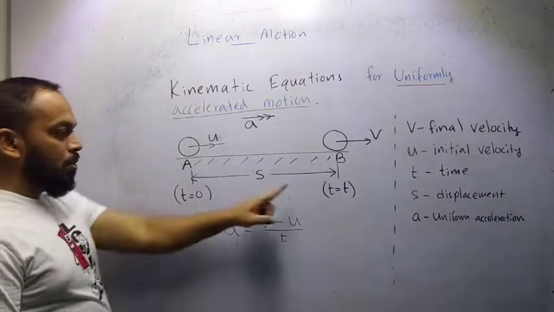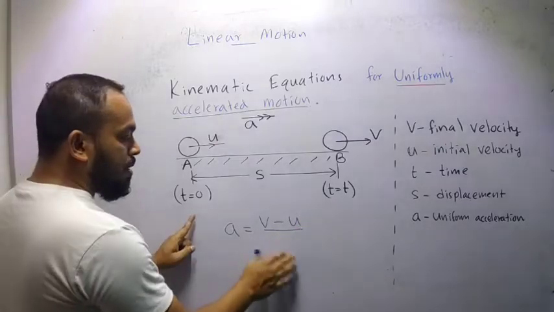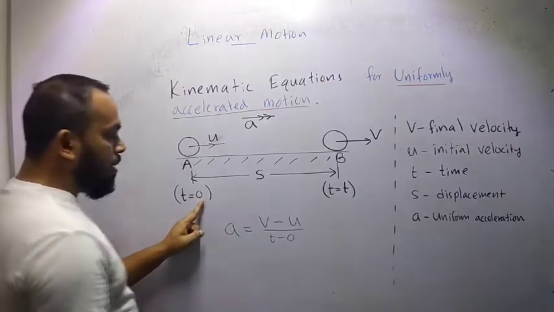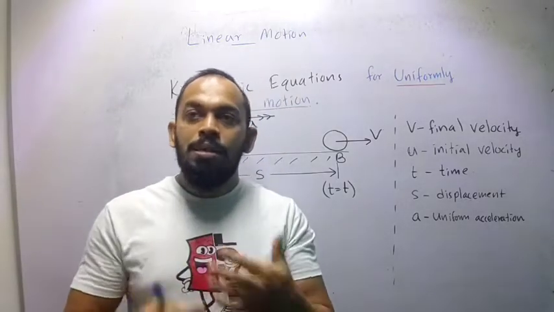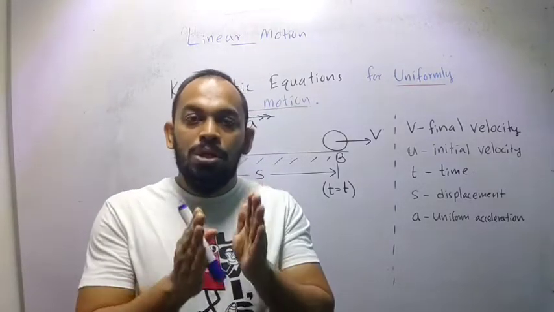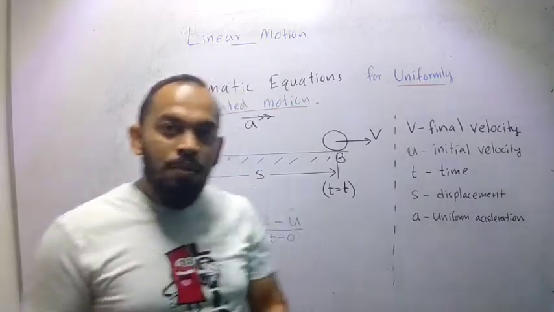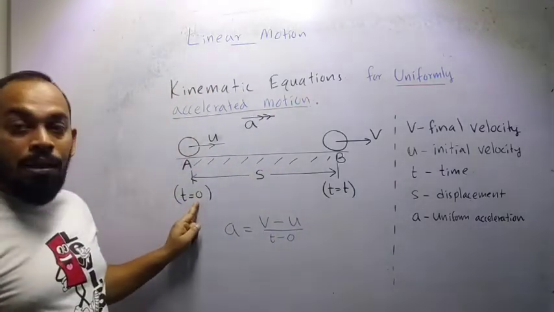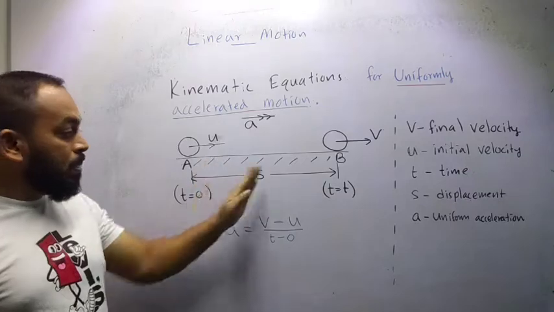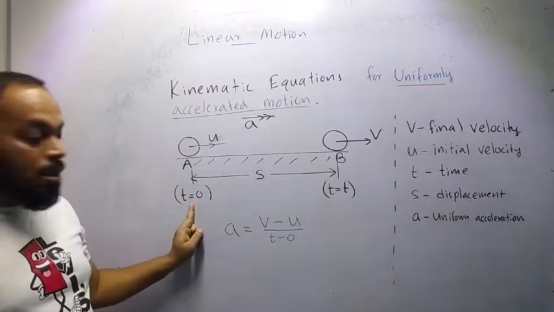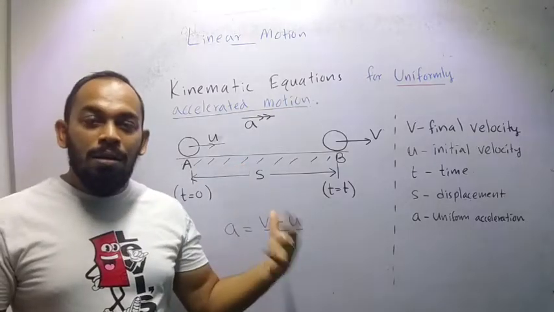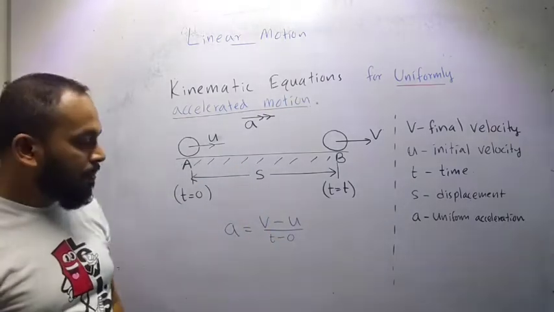Time is from t equals 0 to t, so the time difference is actually t minus 0. So keep this in mind, it's much easier for us to solve problems if you measure displacement from the position at t equals 0, the point where the time is 0.